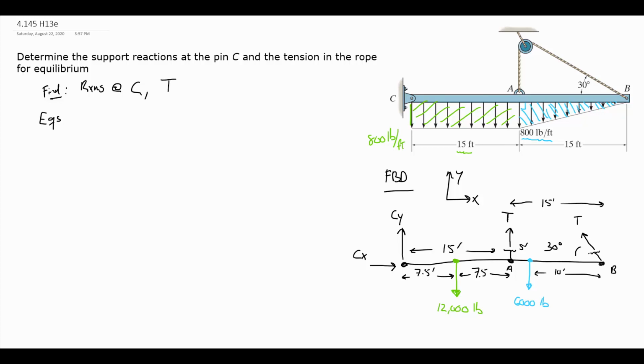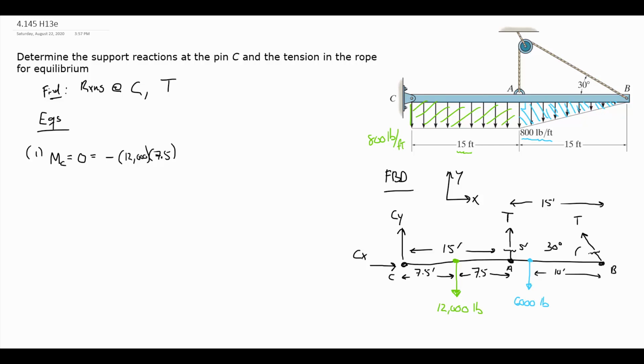So now for our equations. I will start here with the moment around C, because that way I'm eliminating CX and CY from this equation. So taking the sum of moments around C, if I go from point C to the right, I will encounter this 12,000 pounds clockwise, so minus 12,000 times 7.5 feet. My base units here are pounds and feet. Everything will be in those base units. So negative 12,000 times 7.5, it's negative because it is clockwise.